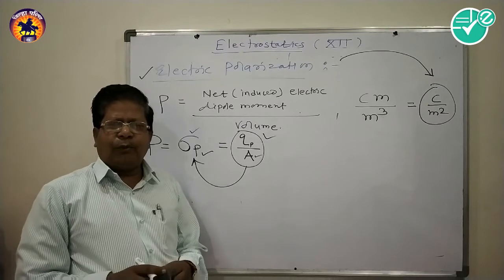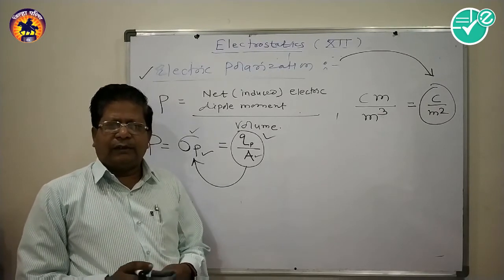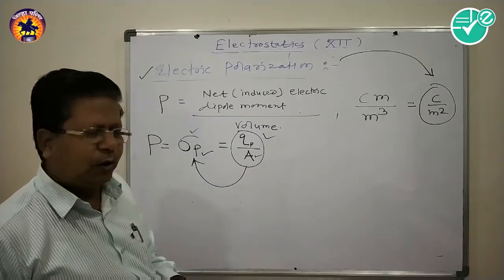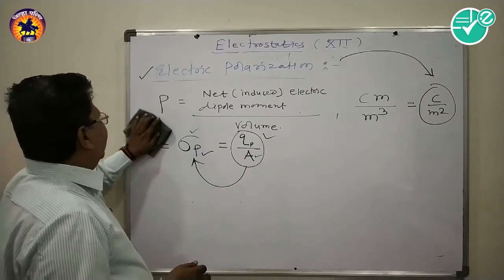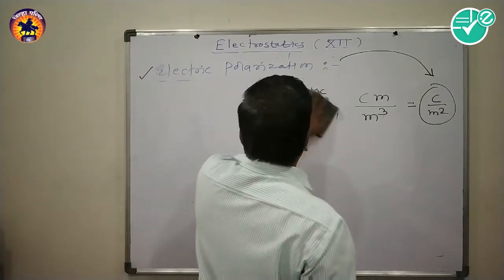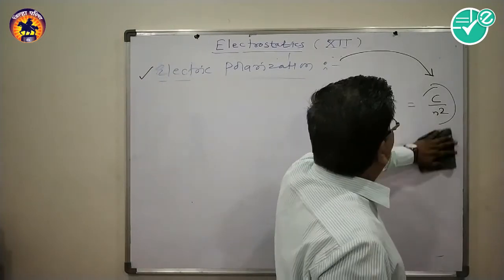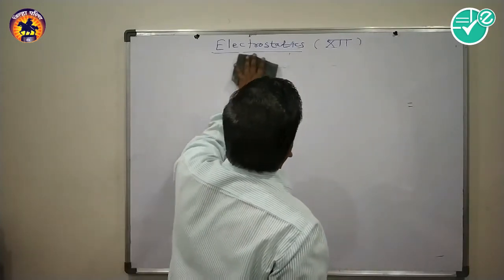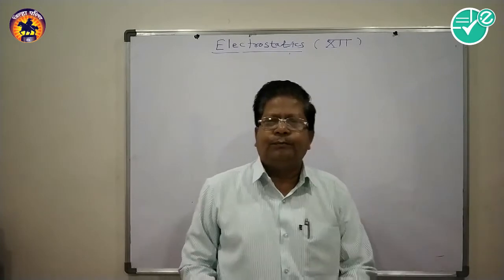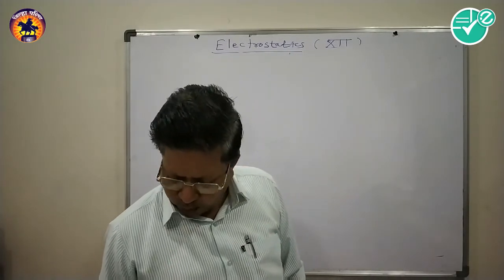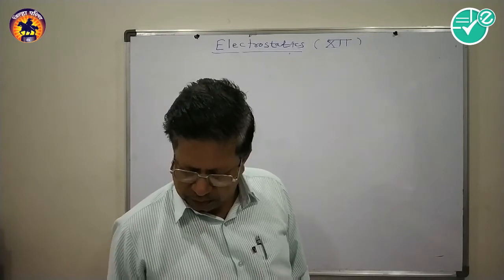So electric polarization is net electric dipole moment per unit volume, or polarized electric charges per unit area, and it is also equal to the charge density of polarized charges.